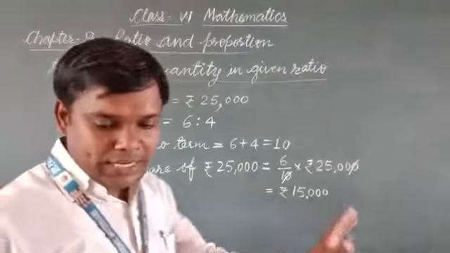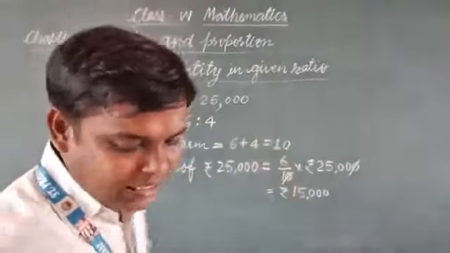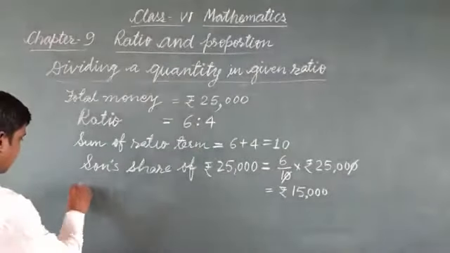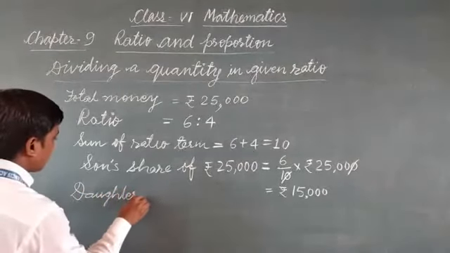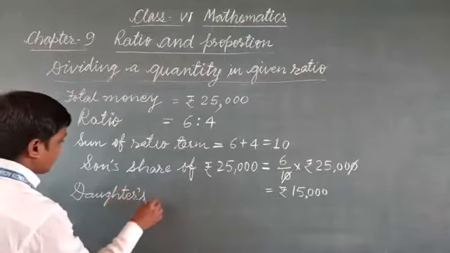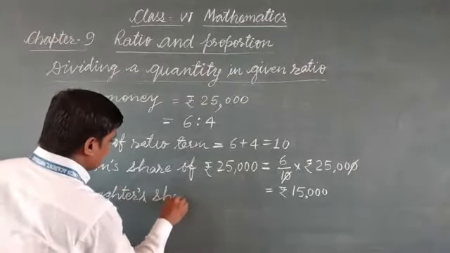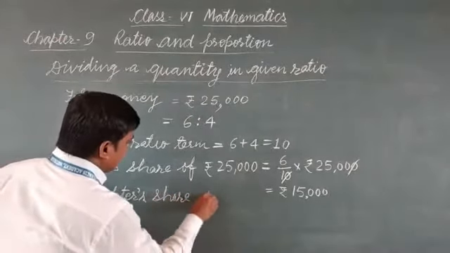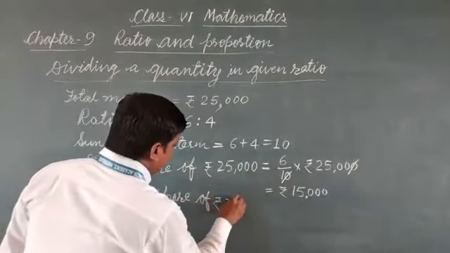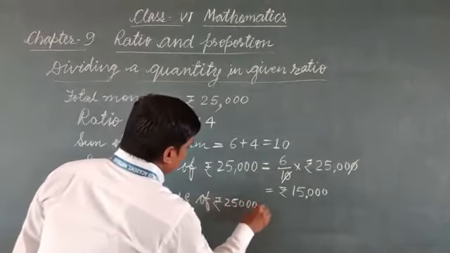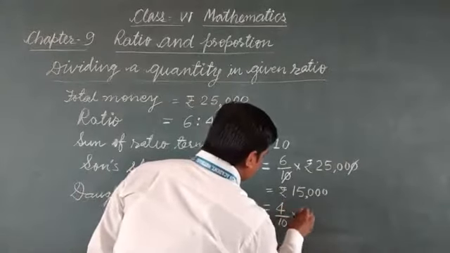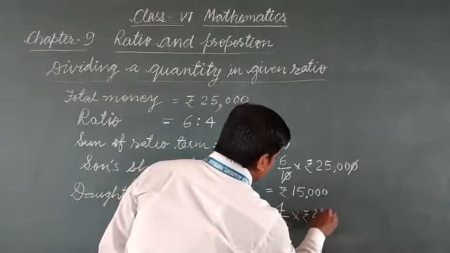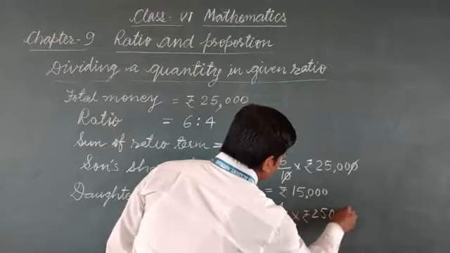In the same way, you will calculate the daughter's share of rupees 25,000. This will be 4 by 10 multiplied by rupees 25,000.